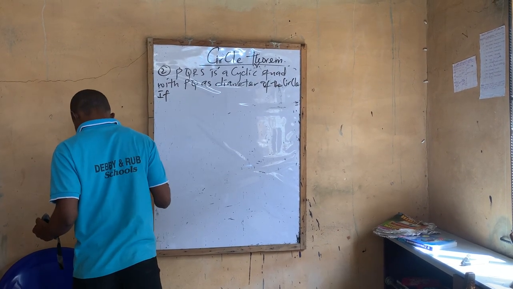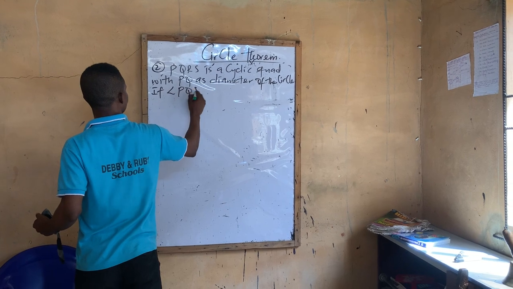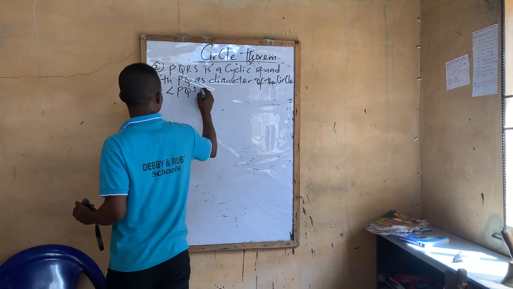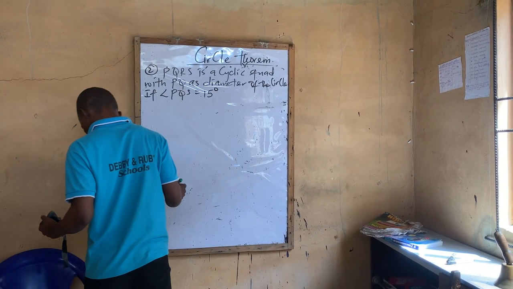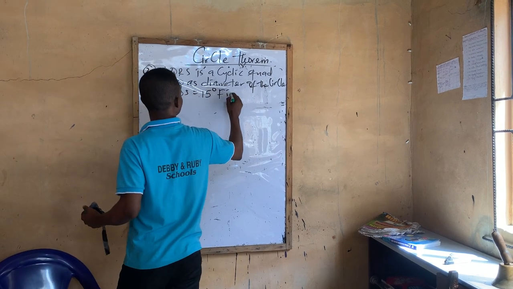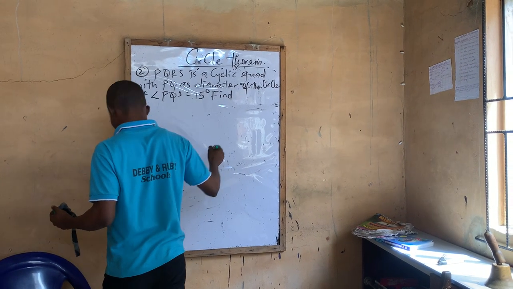If angle PQS equals 15 degrees, find angle QRS.